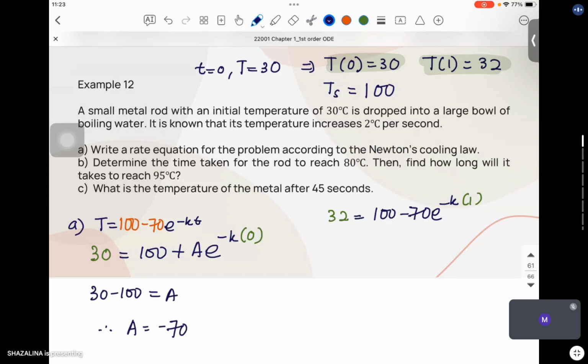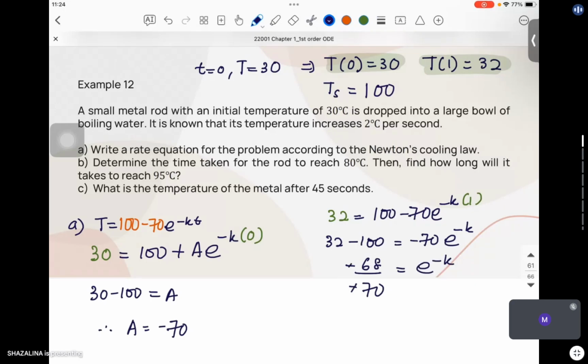So we have 32 minus 100 equals negative 70 exponent negative k times 1, which will become negative k. So, tolong 32 tolak 100. Negative 68 equals negative 70 exponent negative k.